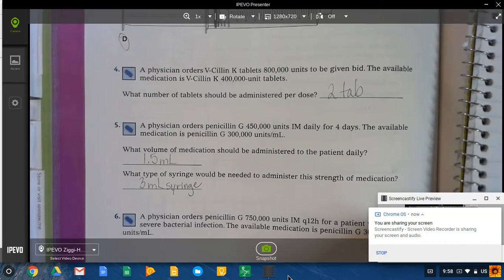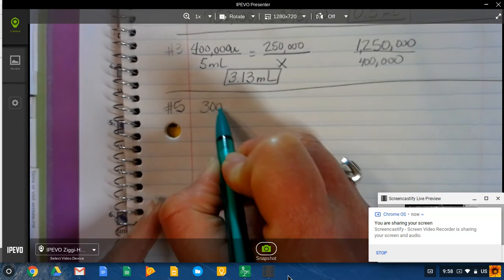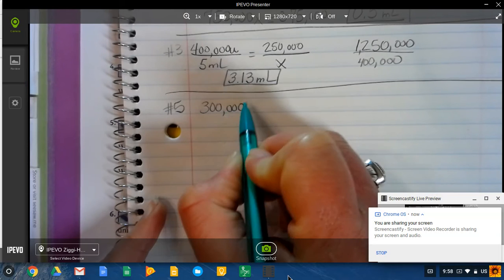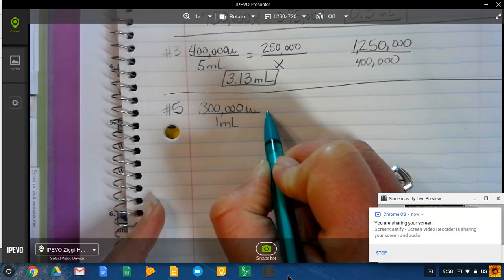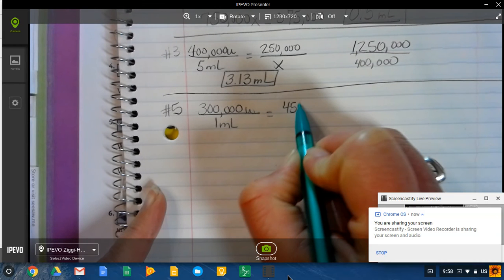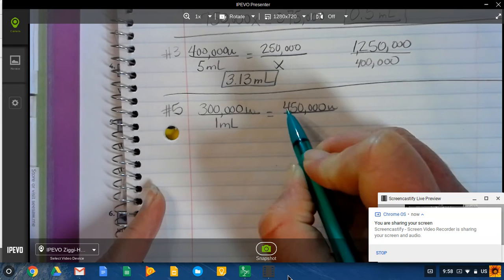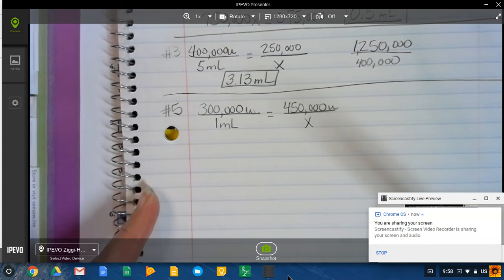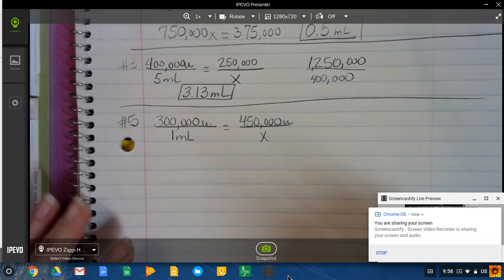What we know is that we have 300,000 units for every 1 milliliter. But we want 450,000 units. So we need to know how much dosage we need to give. That's the volume of medication we need to give. And we just do the math.